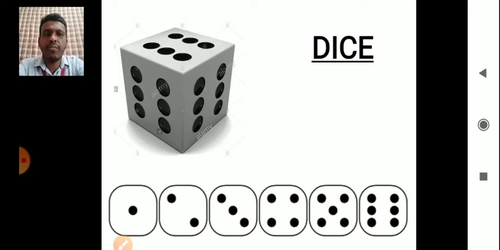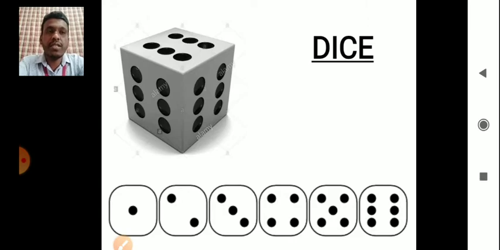Is there any other possibility of any other outcome? No, there is no other possibility. So your sample space is 1, 2, 3, 4, 5 and 6. Just like when you tossed a coin once, your sample space was either a head or a tail, so you had only two things in the sample space. Here you have six things in the sample space, that is 1, 2, 3, 4, 5, 6.